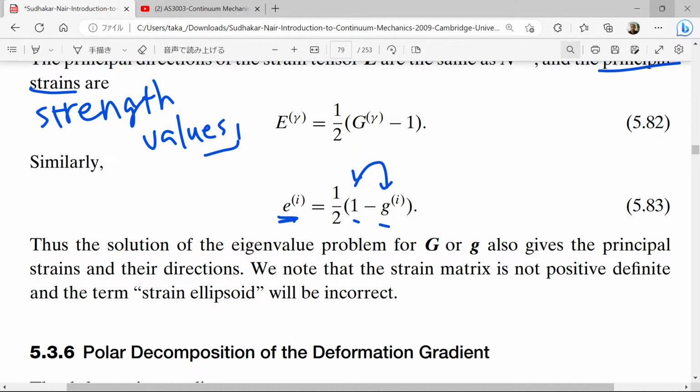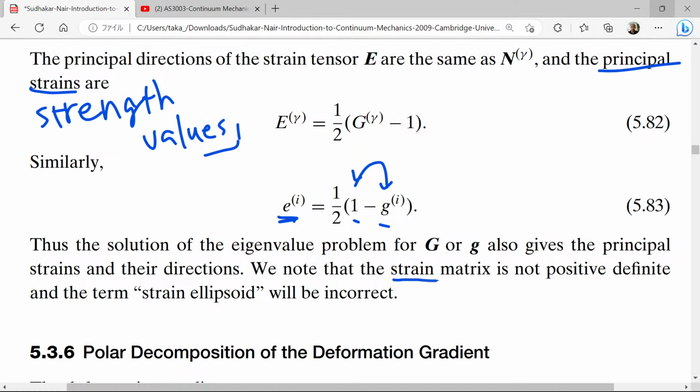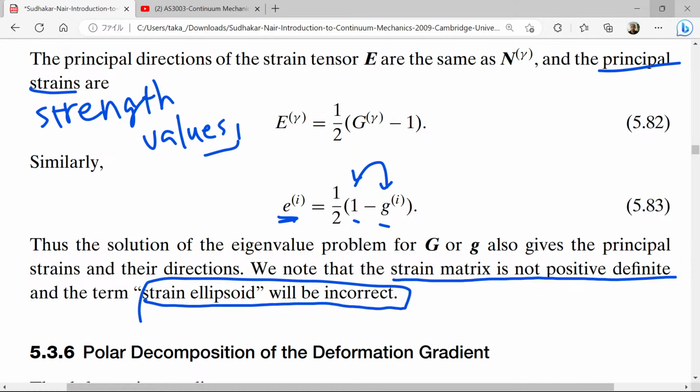Strain matrix is not positive definite, and the term strain ellipsoid will be incorrect. Actually, I don't quite understand the deep meaning of positive definite. This just means all eigenvalues are positive.